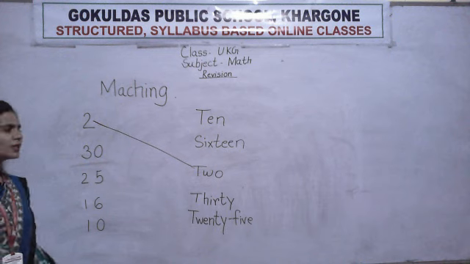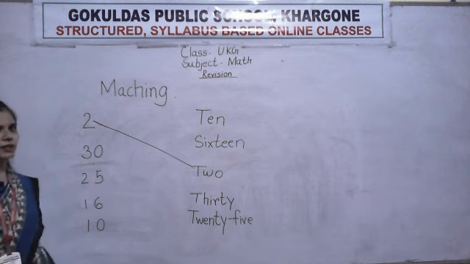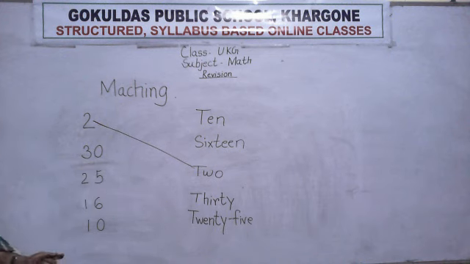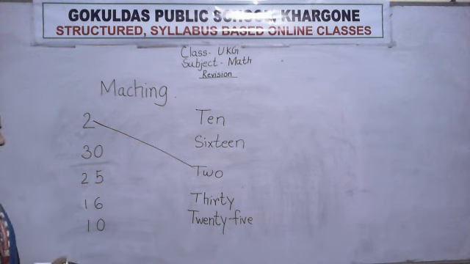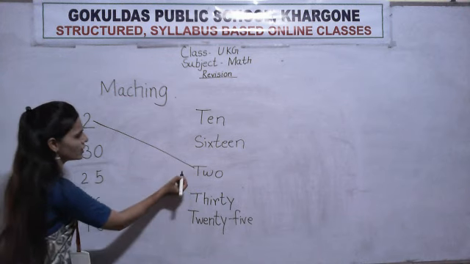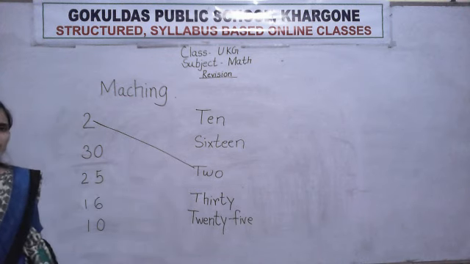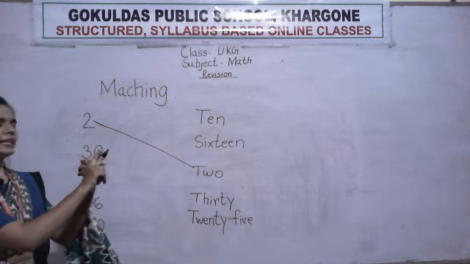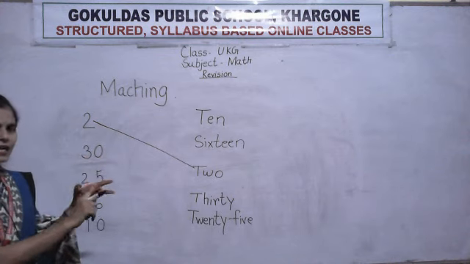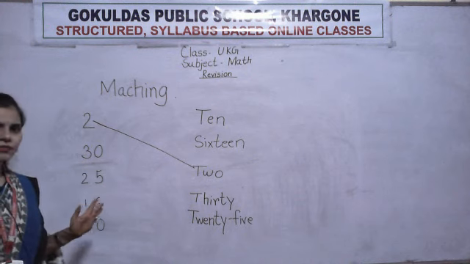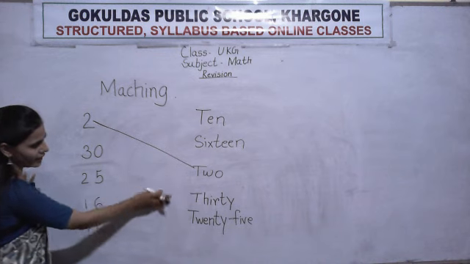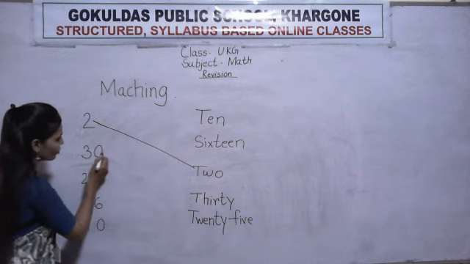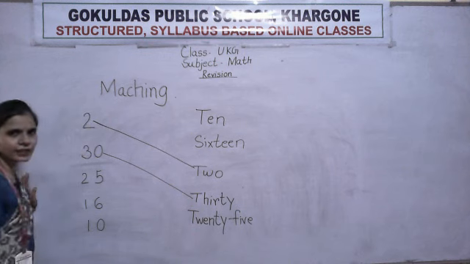First you identify the number. 30. So you know the spelling of 30? Yes or no? Yes. What is the spelling of 30? Revise on your finger. T H I R T Y. Okay. So where is 30 spelling? Here. So you match 30.